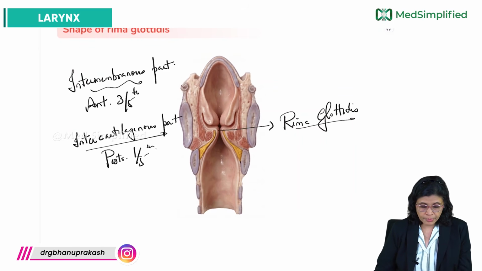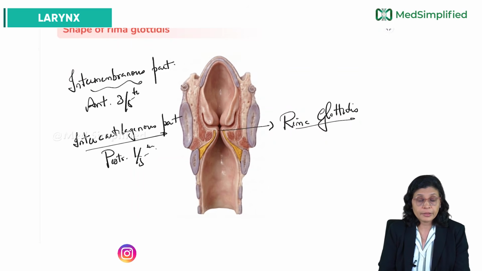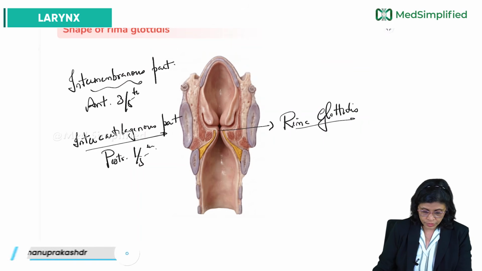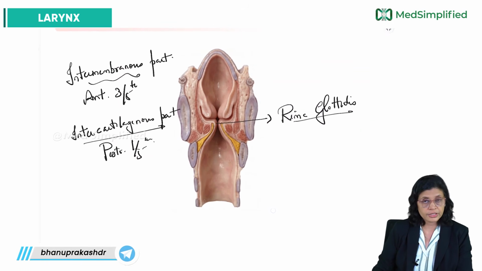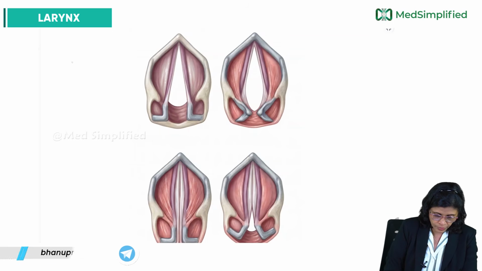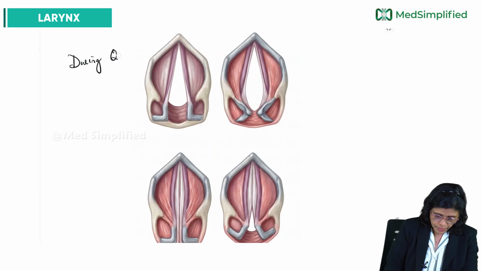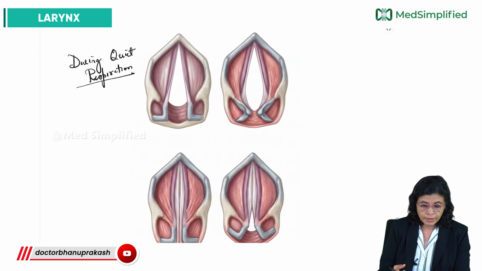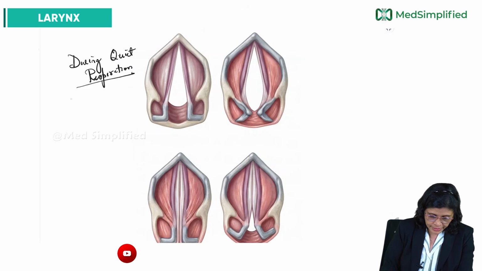Now the shape of the rima, we have to remember, it varies with the movements of the vocal cords. How the vocal cords move, along with that the rima glottis shape also changes. During quiet respiration, when we are always breathing, this will be pentagonal in shape.